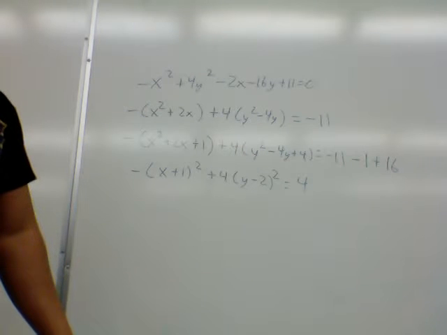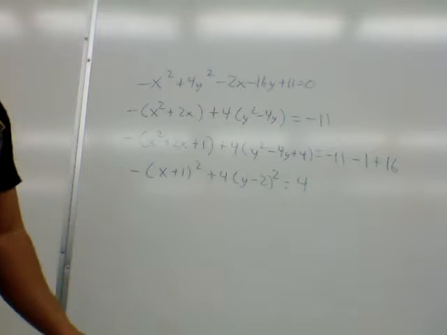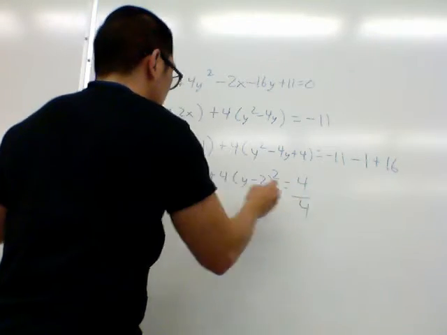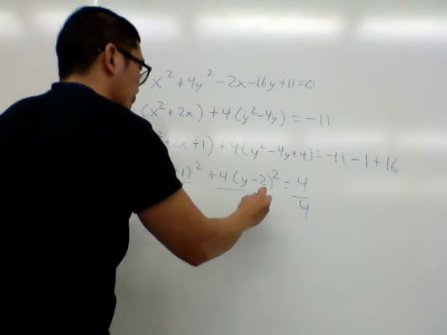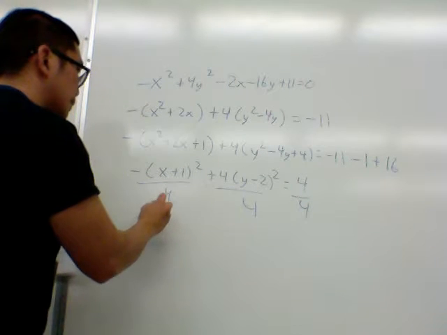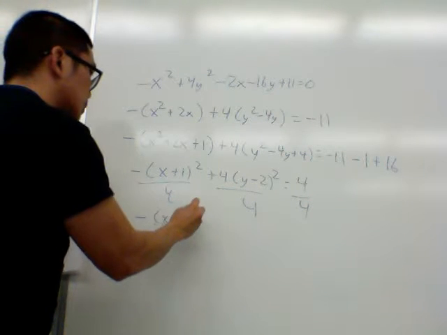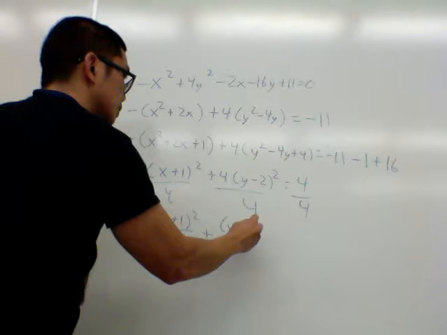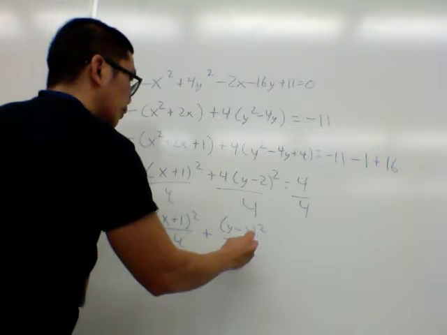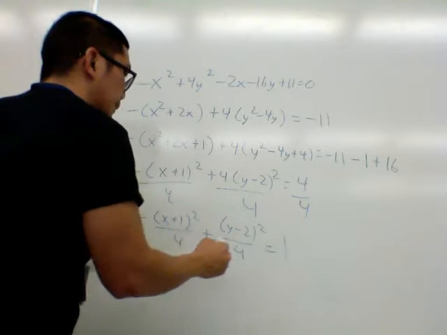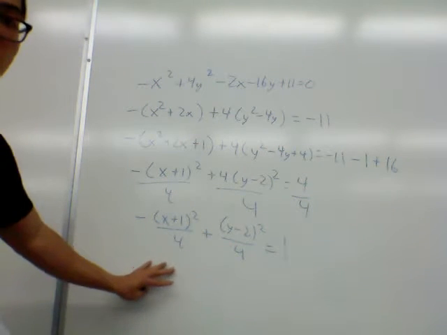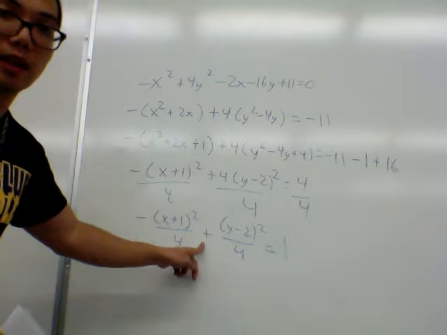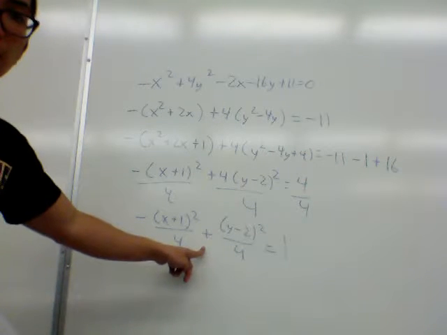Now, what I'm going to do is divide everything by 4. And this becomes negative (x plus 1) squared over 4 plus (y minus 2) squared over 4 is equal to 1. Now, this is a perfectly fine equation, but we're used to having the subtraction in here for it to be a hyperbola.